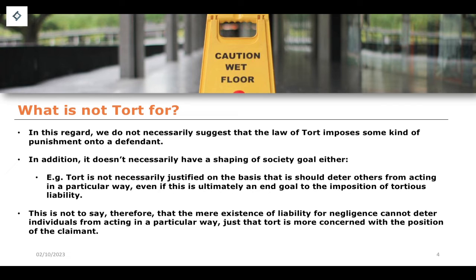It may make an individual who is working on a job where they have a duty of care take extra care and not breach said duty of care. And so that might be something of a deterrence for individuals to make sure that they avoid tortious liability. But the fact here is that tort itself is more concerned with the position of the claimant.